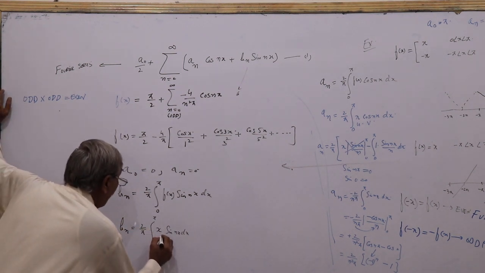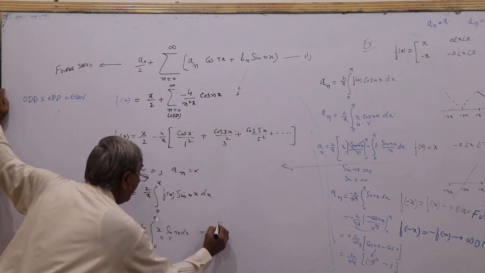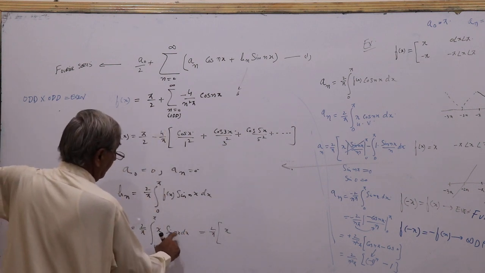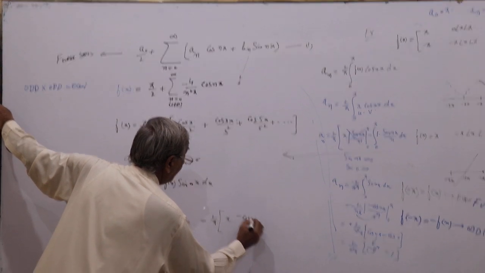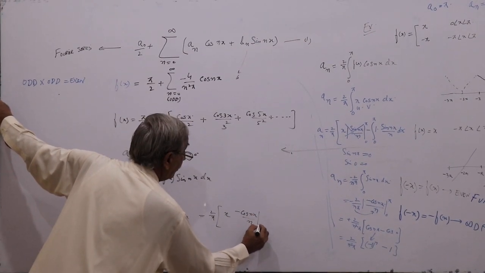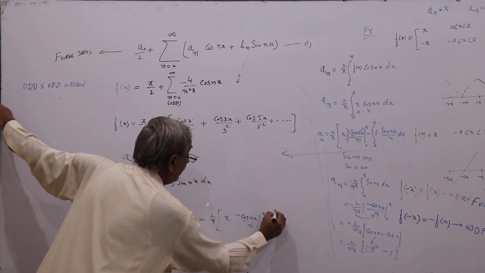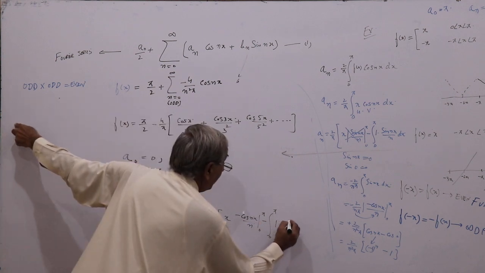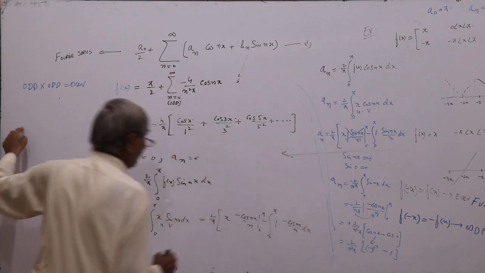Again, in u into v form, it is equal to 2 over pi, times u, which is x, times the integral of sine nx, which is minus cosine nx over n, from 0 to pi, minus the integral of the derivative of x, which is 1, times cosine nx over n, dx.